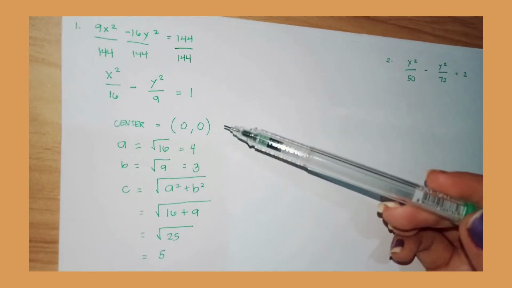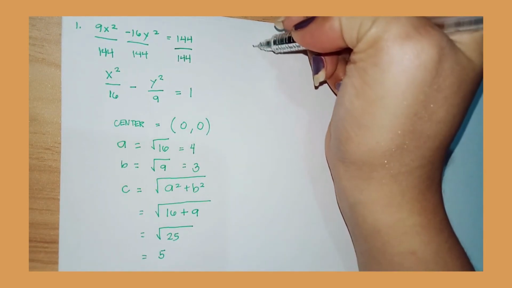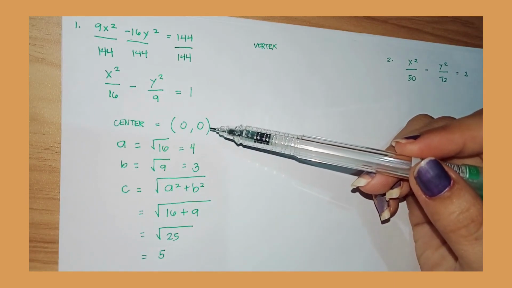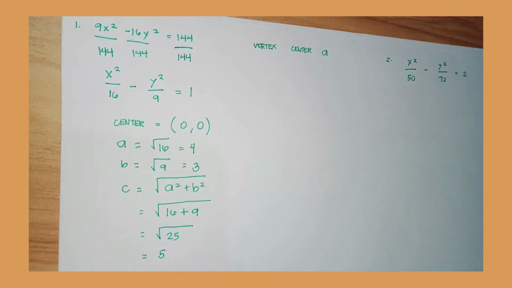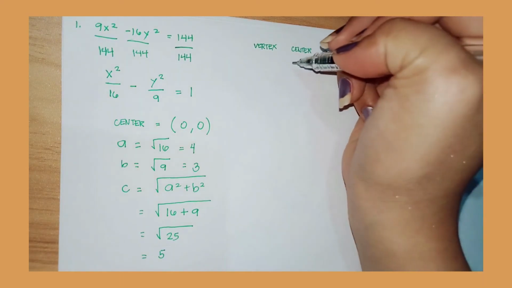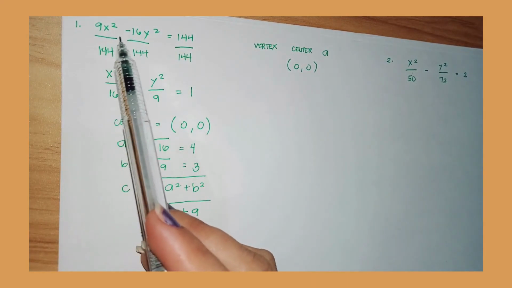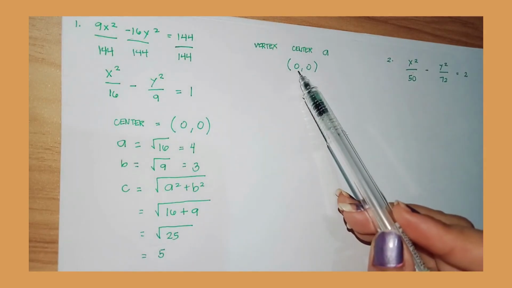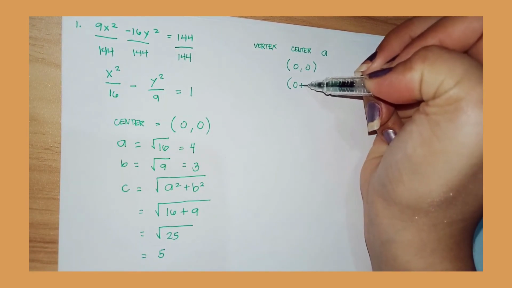Since we now have the center, a, b, and c, we can find our vertices. How do we get the vertices? Our vertices are still based on our center. We just consider our a. So for the vertices, consider the center and a. Copy our center, 0 and 0. Now, look at our given, 9x squared minus 16y squared is equal to 144. The x squared comes first. When x squared comes first, we add to the first number. So this is 0 plus, what is our a? 4.